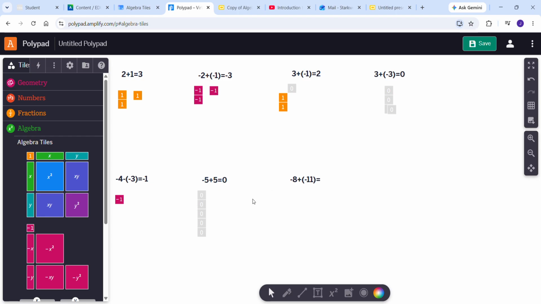And then the last one is -8 plus a -11. So we will start with our -8s. All right, so let's throw them in. 1, 2, 3, 4, 5, 6, 7, and 8.